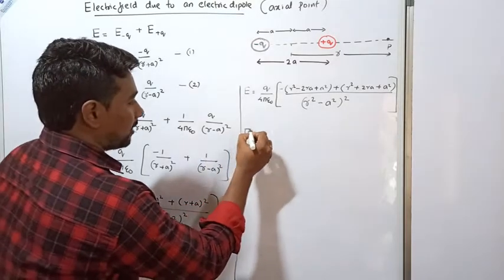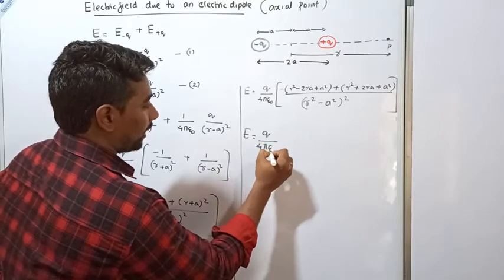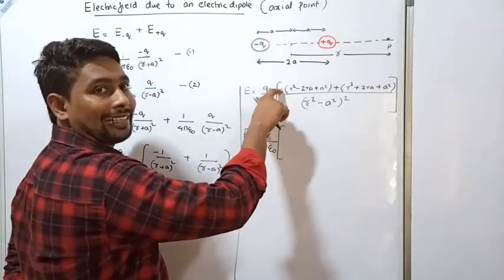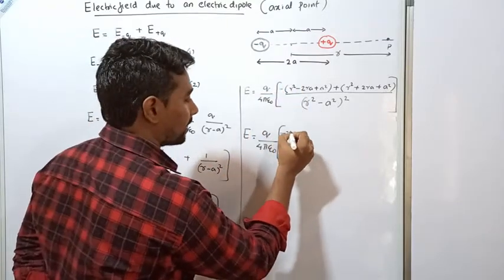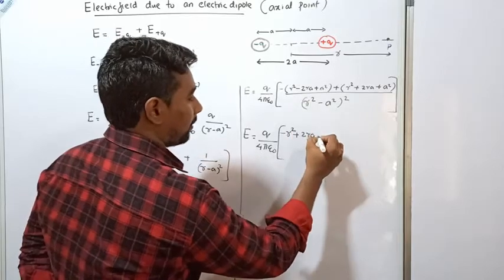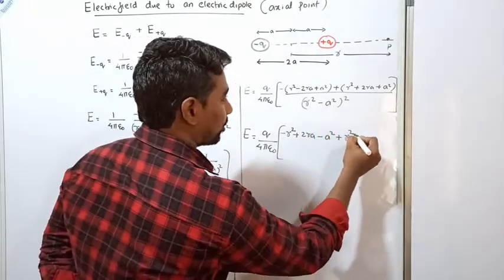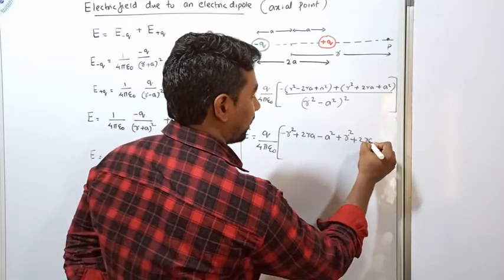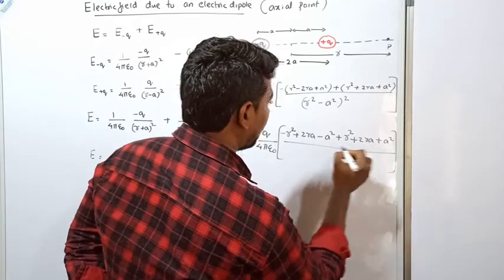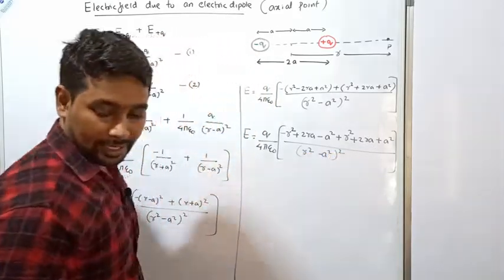That is equal to q by 4 pi epsilon 0 times, taking this negative inside, minus r square plus 2ra minus a square plus r square plus 2ra plus a square, whole divided by (r square minus a square) the whole square, right?